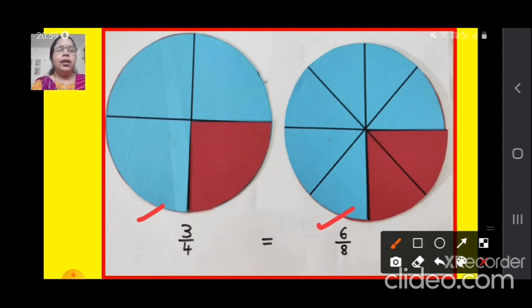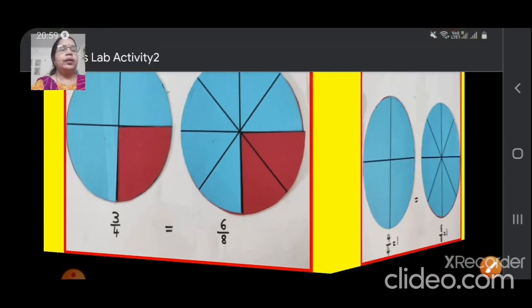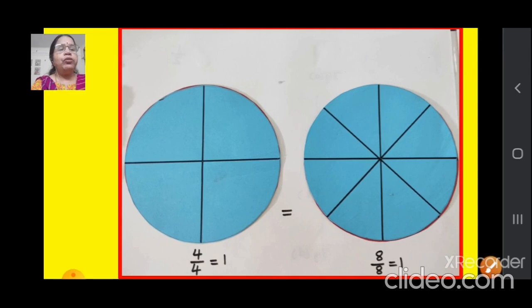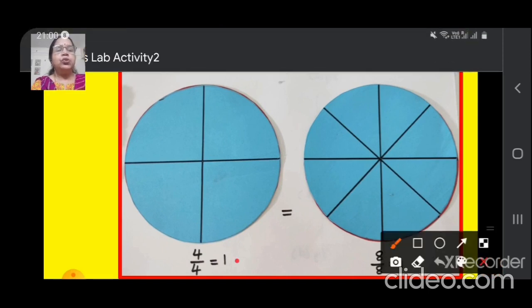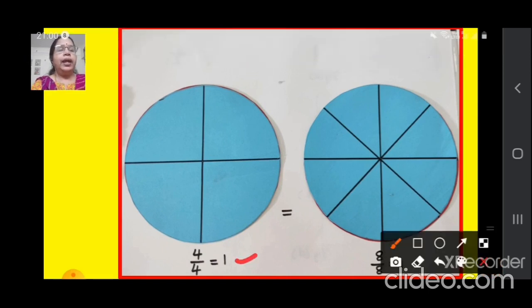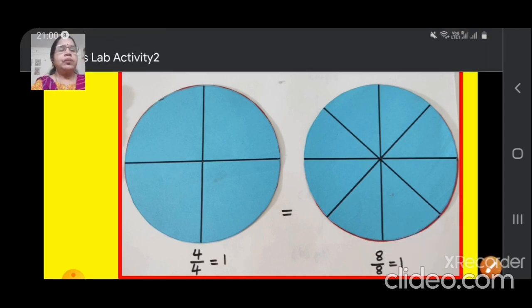They are equal fractions because they represent same part of the whole. And 4/4 represents one whole, and 8/8 here, this also represents a whole. So these wheels also show us the equivalent fractions.